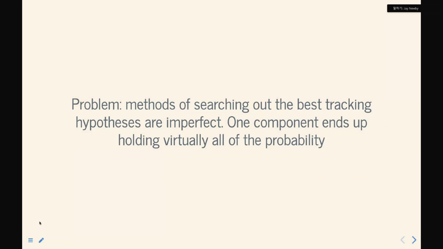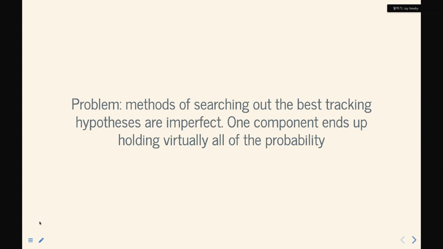Okay, so now what I want to do is talk about the algorithms and methods that we use here, okay? I want to reiterate that the main problem is that one track set gets all the weight in the distribution. That's the practical problem with these Markov chain Monte Carlo methods.